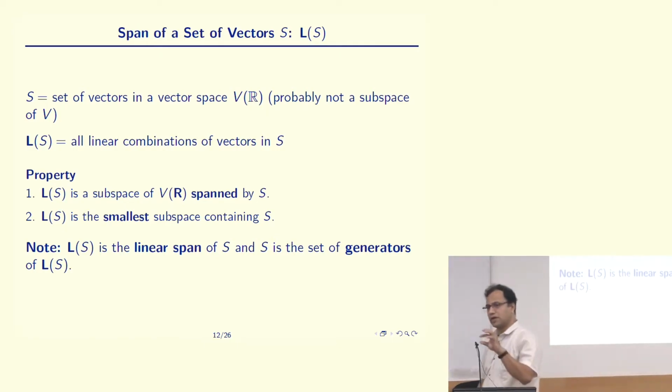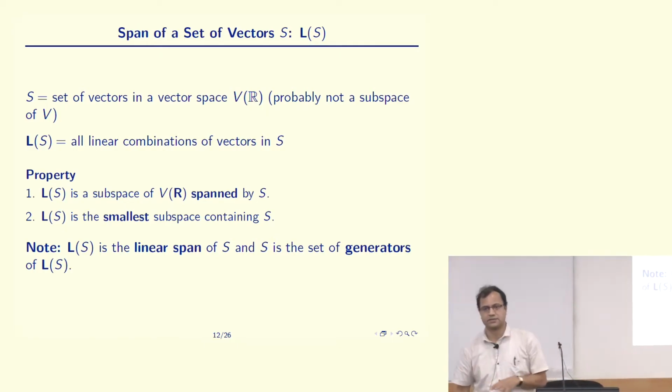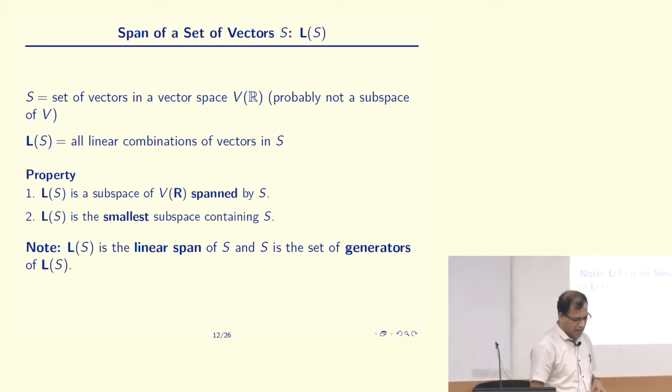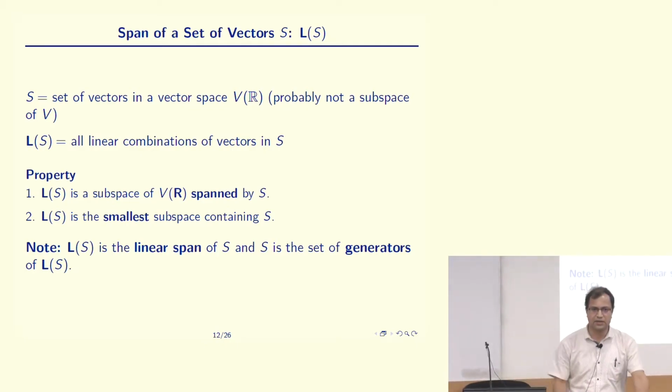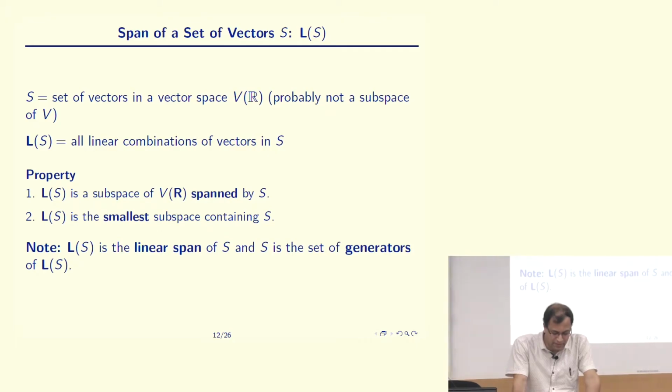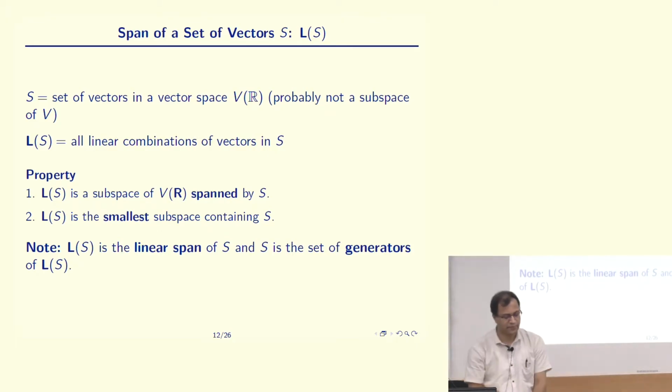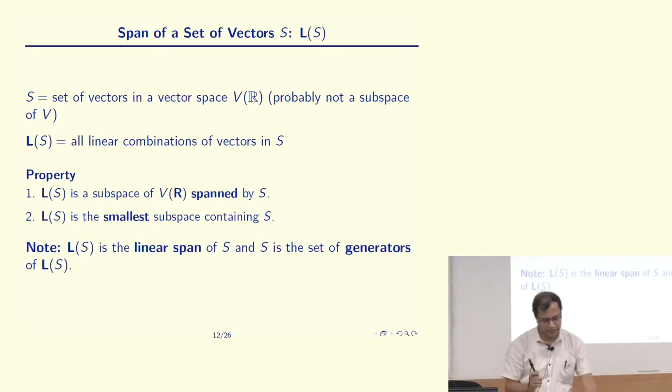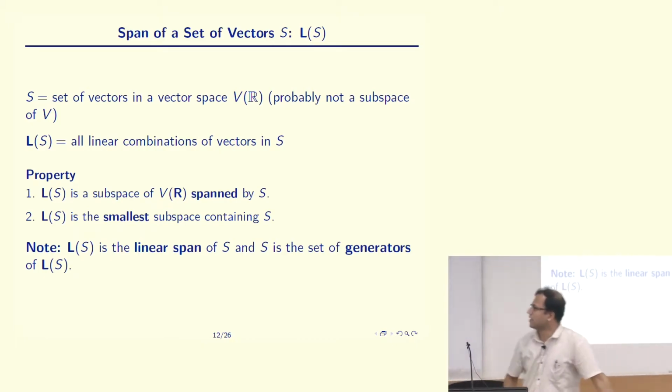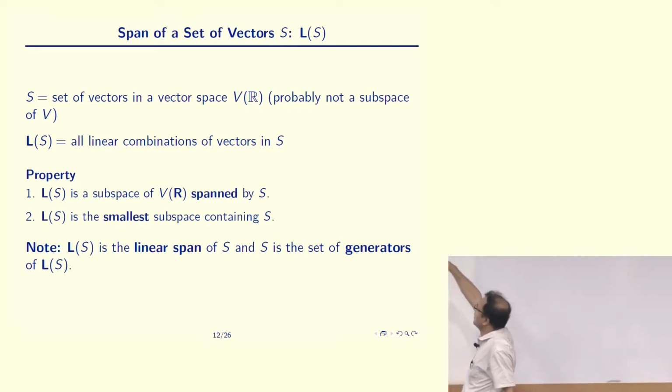So S will be called the set of generators, and L(S) will be the linear span. And can you first check whether L(S) is a subspace of V? Okay, I have used the wrong notation here.